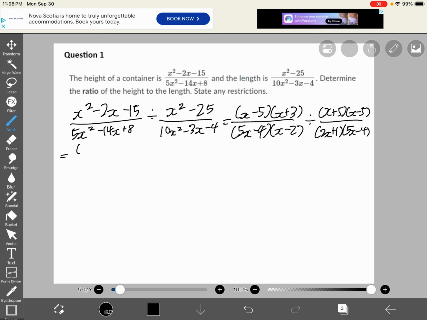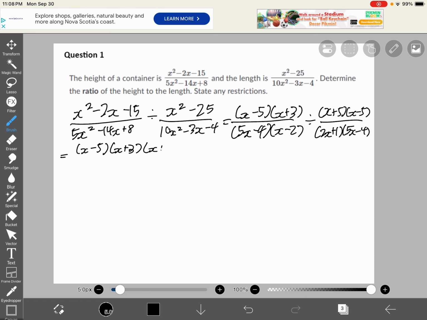We just move everything down here, and so that's the numerator part.